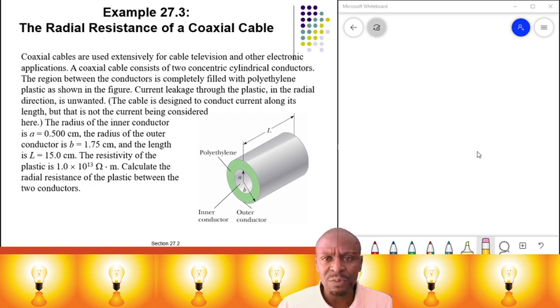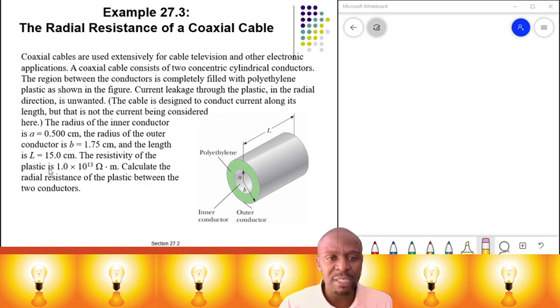Current leakage through the plastic in the radial direction is unwanted. The cable is designed to conduct current along its length, but that is not the current we are considering in this problem. The radius of the inner conductor is given by that value, the radius of the outer is 1.75 centimeter, and the length of the coaxial cable is 15.0 centimeter.